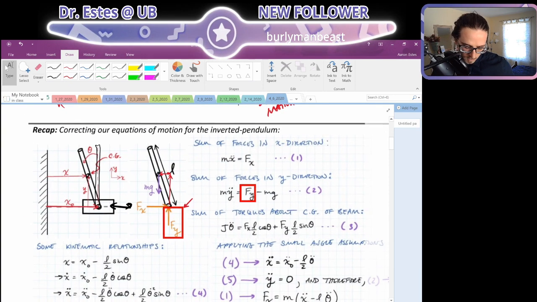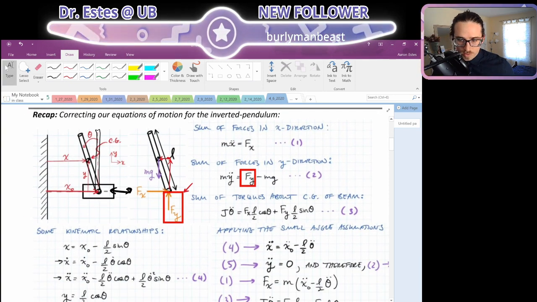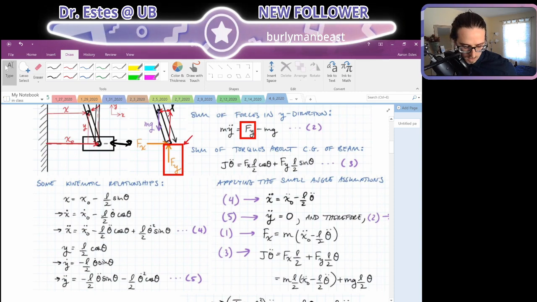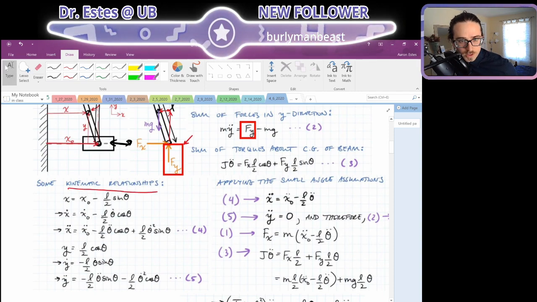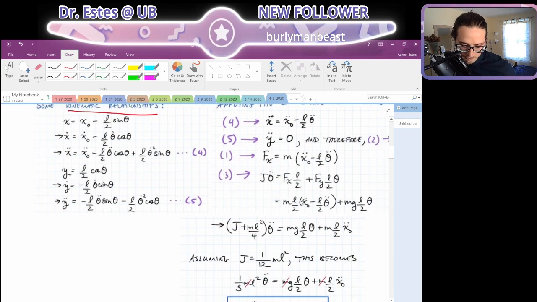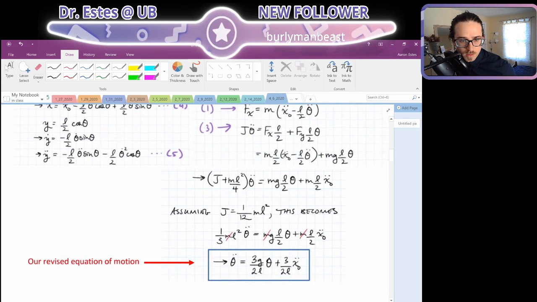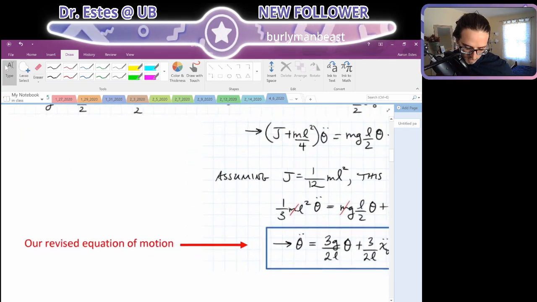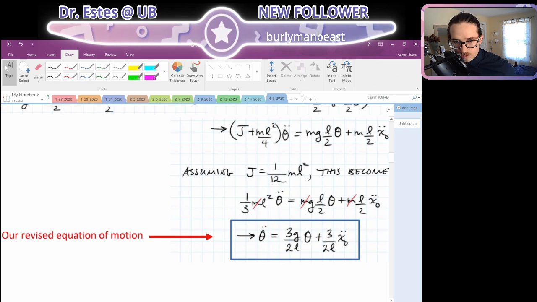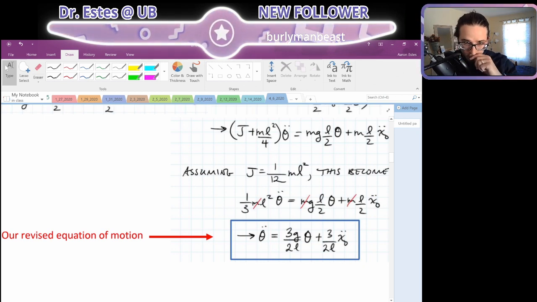So you can go through these steps again. I put the details like the sum of forces, sum of moments. We use some kinematic relationships. We do some substitutions. And the point is, we get to a revised equation of motion down here.